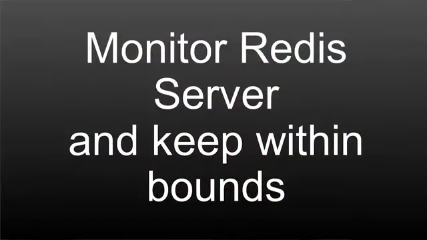So you should monitor the Redis server and keep it within bounds. Don't exceed the limit. If you check Redis used memory and RSS, set a line, and when usage reaches the line, migrate your server to scale up to another machine with more memory. There is no other way, I think.